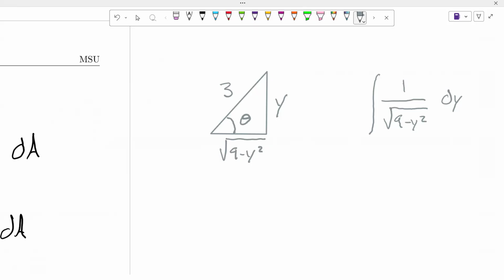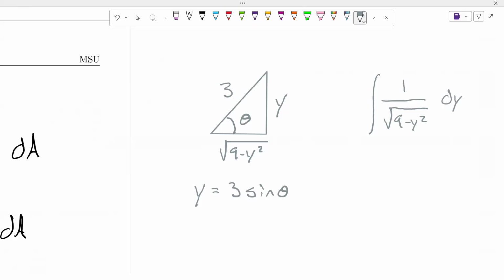Brilliant. Looks like a decent start. I'm going to use that triangle to replace my y variable. What do I want to say about this stuff? I think I want to say y is equal to 3 sine theta. Again, recall from trigonometry, sine is opposite over hypotenuse. So y over 3 is sine, meaning if I solve that thing for y, it's equal to 3 sine theta.